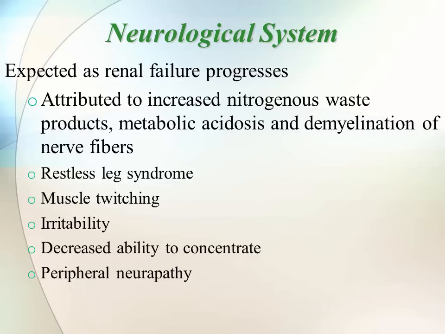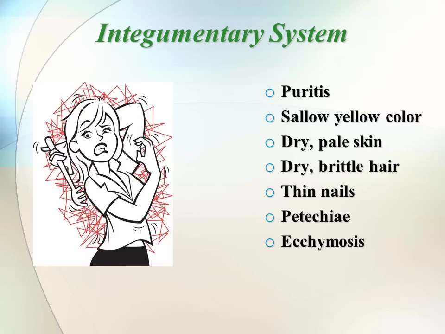We see it manifested in the periphery as muscle twitching, restless leg syndrome, and peripheral neuropathy. And then the integumentary system: itching.